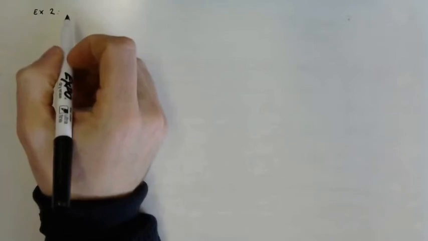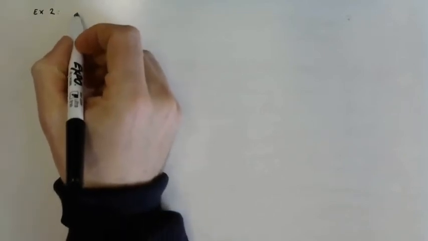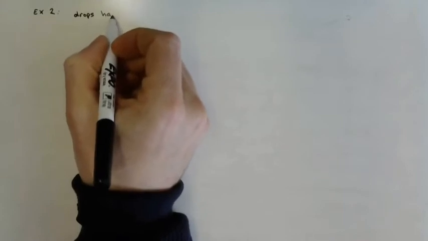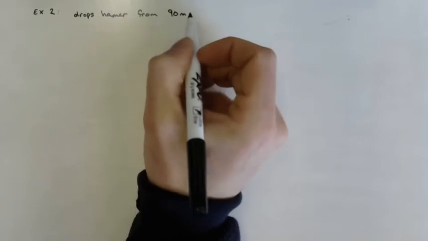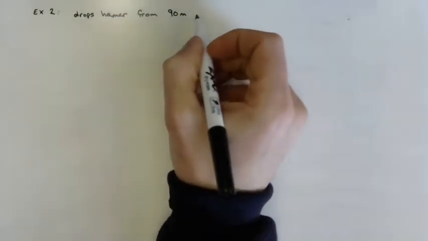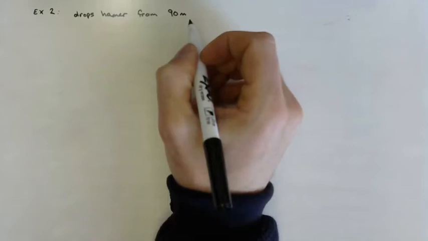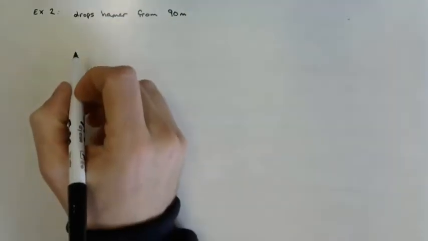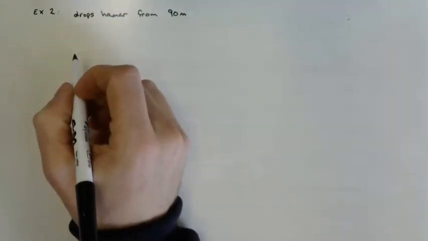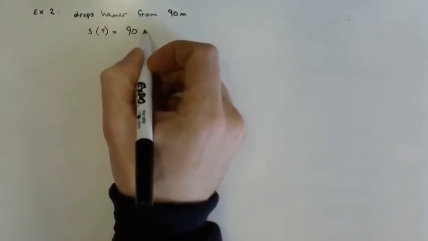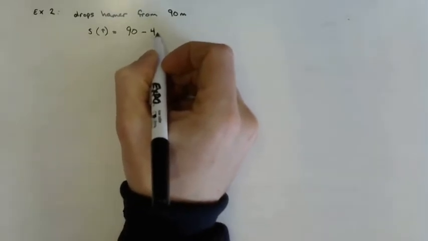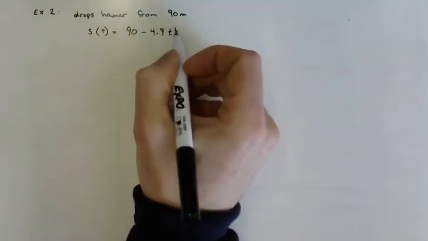Example 2. We have a construction worker. He accidentally drops a hammer from 90 meters high while working on the roof of a new apartment building. The height of the hammer, S, measured in meters, after t seconds is modeled by 90, so it's starting height, minus 4.9 t squared.